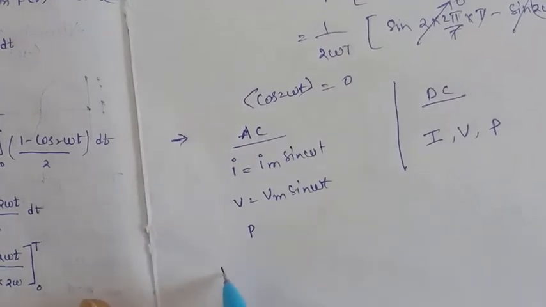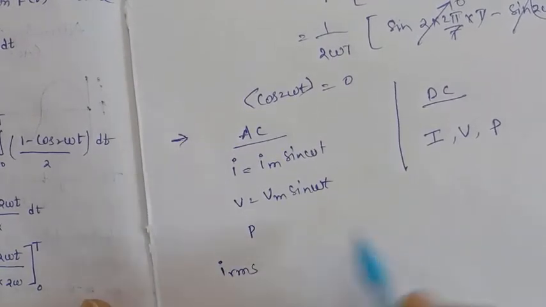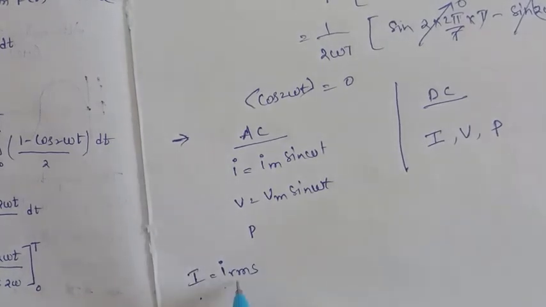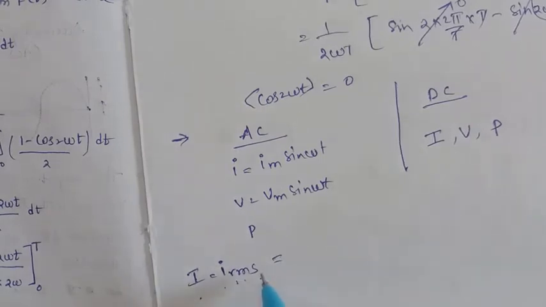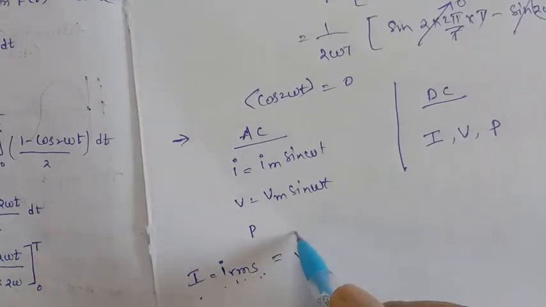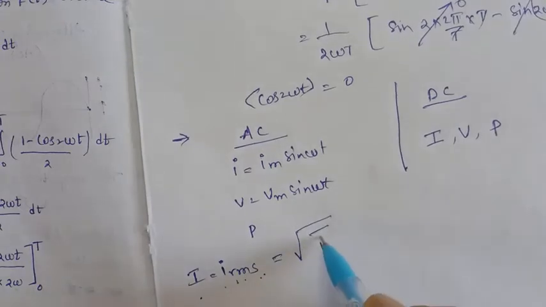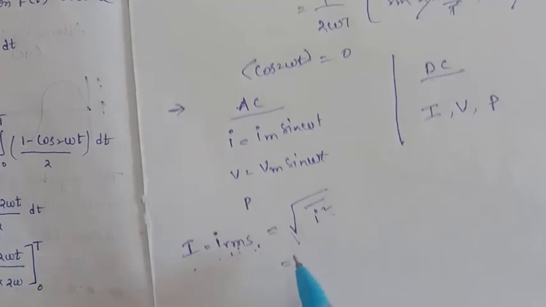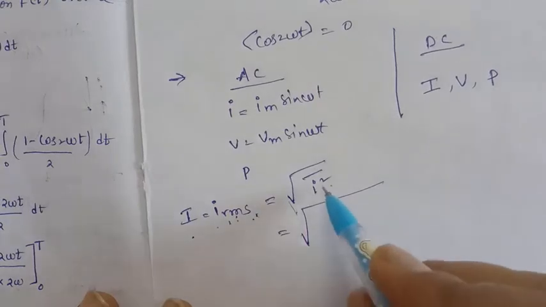And one more is there here. What is IRMS? IRMS is nothing but capital I. Capital I means IRMS. IRMS means root mean square. What is squared? I squared. So I root mean square can be written as the root of the mean of I square.